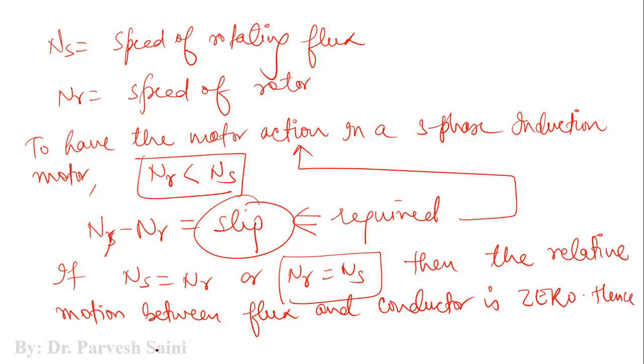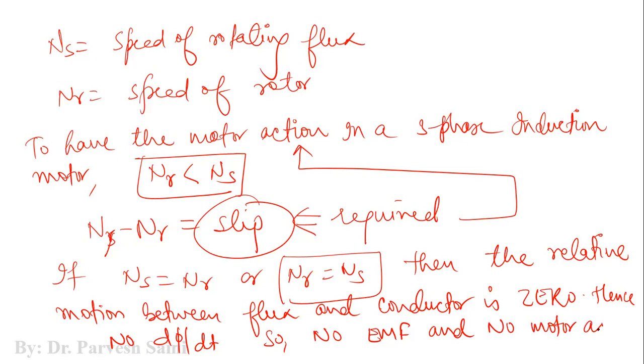Hence, no d phi by dt, so no emf and no motor action. That means we cannot have both speeds same.